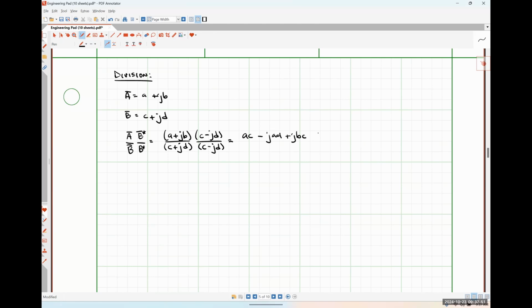So what's negative j squared going to be? Positive 1. So I'm going to just do negative j squared BD, and then I'm going to simplify things. So that's going to look like AC plus BD plus j(BC minus AD). So I've got my numerators taken care of.